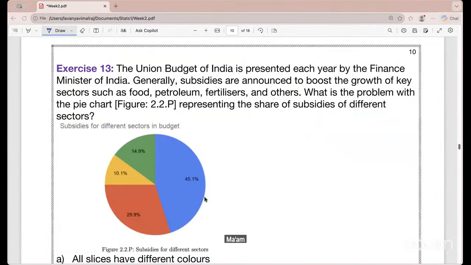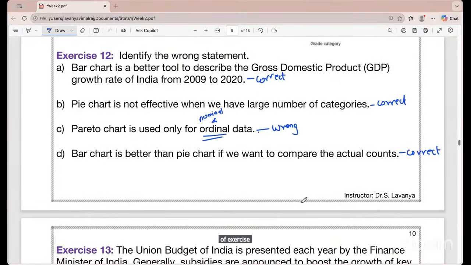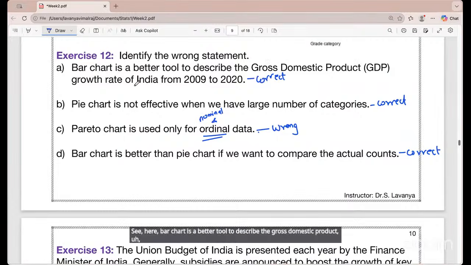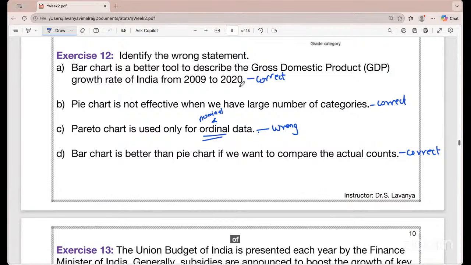Ma'am, could you please explain option A of exercise 12? See, here a bar chart is a better tool to describe the gross domestic product, GDP, growth rate of India from 2009 to 2020.